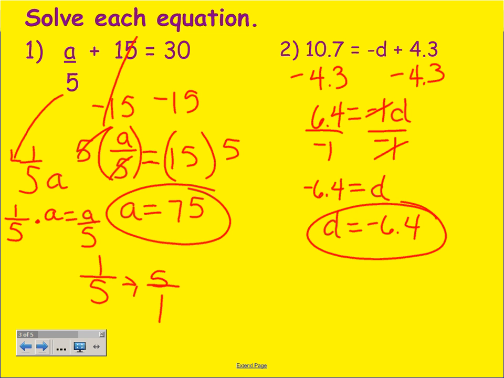And just like in previous examples, you'll notice that my last step is that variable on the left side. So really it's just saying -6.4 plus 4.3, and that does give us a 10.7. So sometimes checking it is just looking and seeing if your answer makes sense. You don't necessarily have to write it down unless you feel the need.